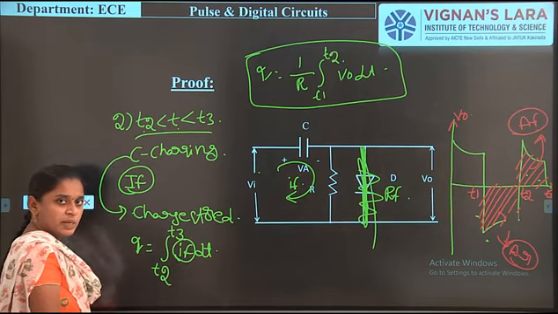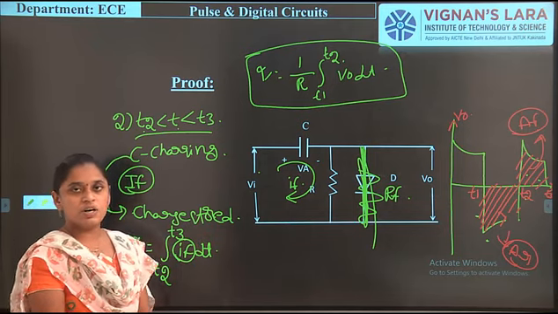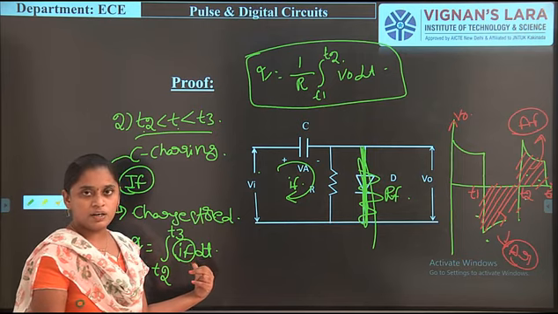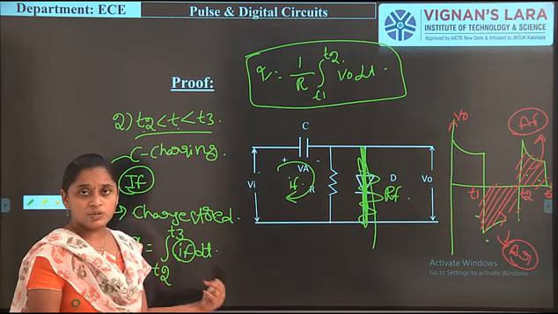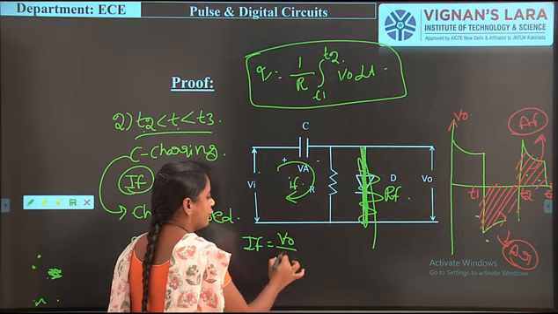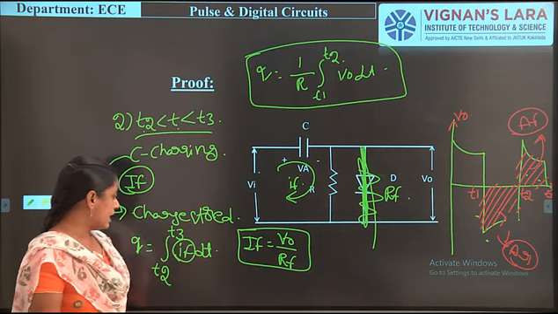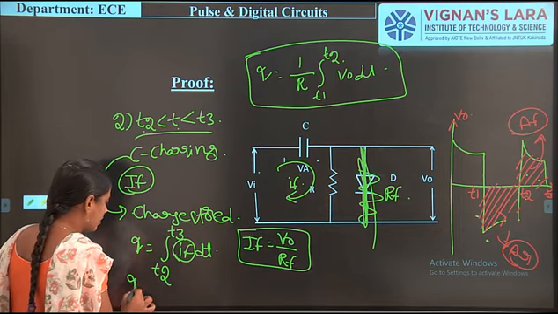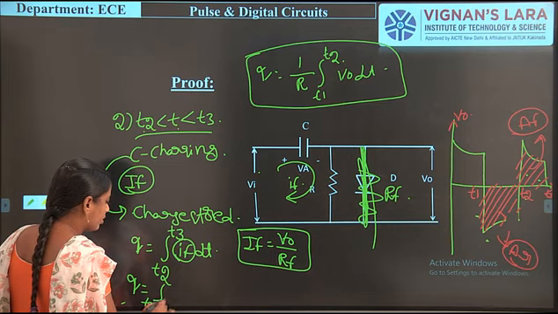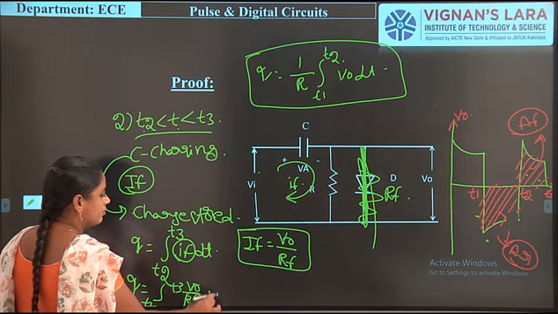So from this, what is IF? I is equal to V by R, so IF is nothing but V naught by RF. Why? Because there is a resistance RF when the forward current is passing through this circuit, so IF is equal to V naught by RF. So Q is equal to the integral from T2 to T3 of V naught by RF into dt.